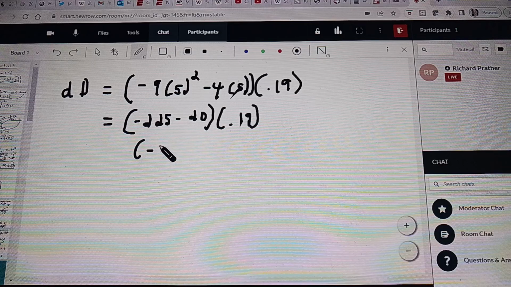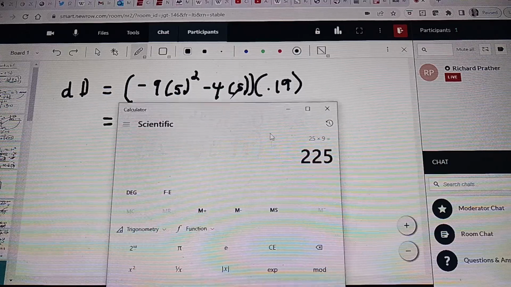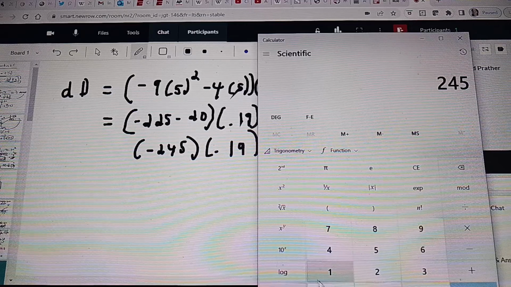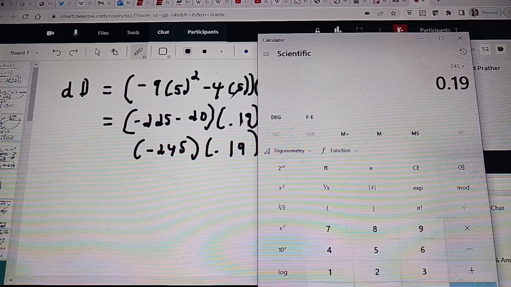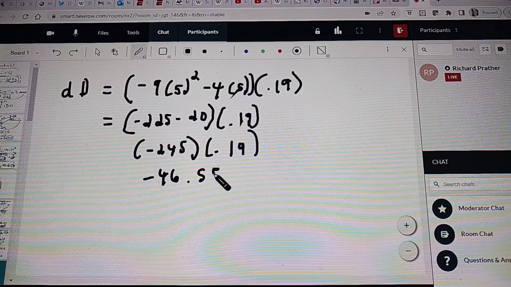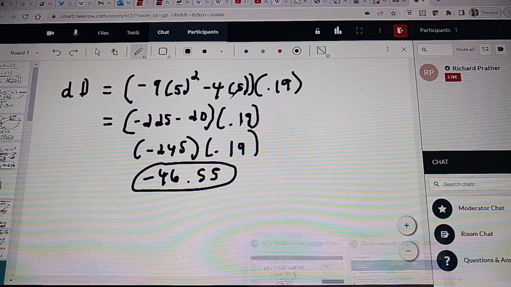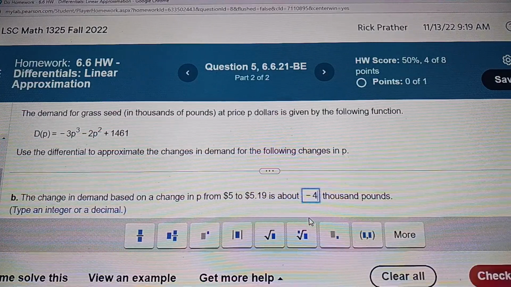So negative 245 times 0.19. The demand will go down by 46.55 units. Thousands of pounds, actually. Negative 46.55.